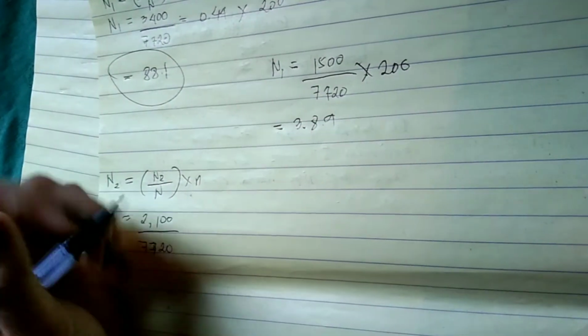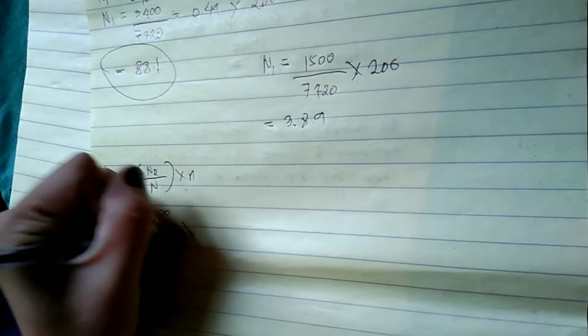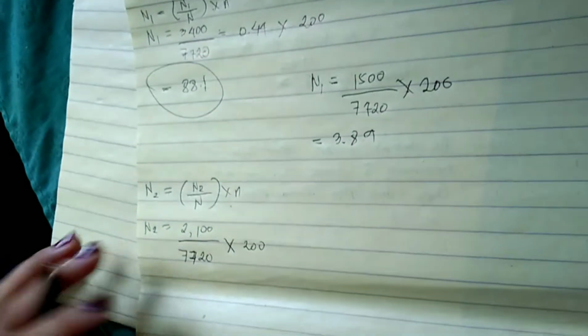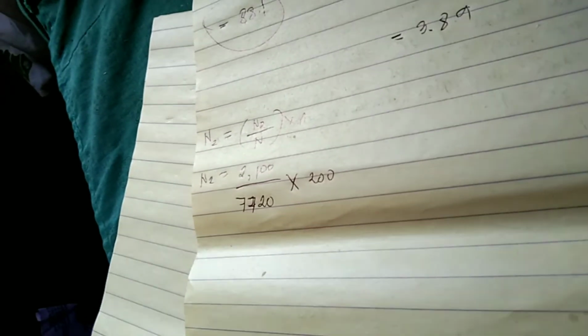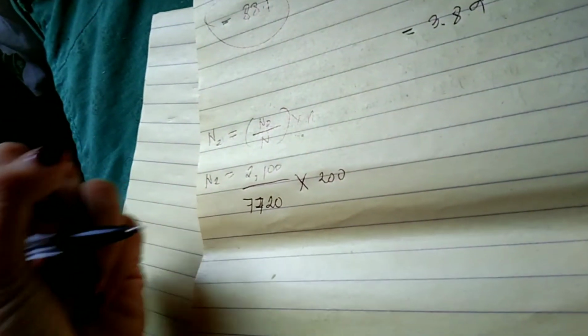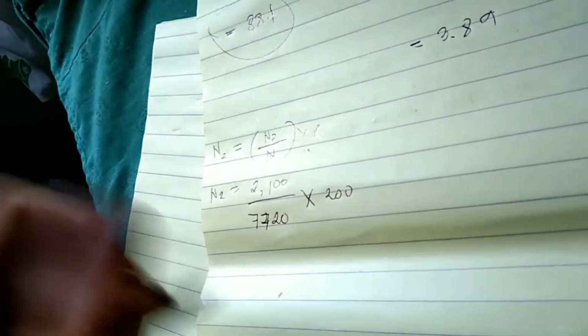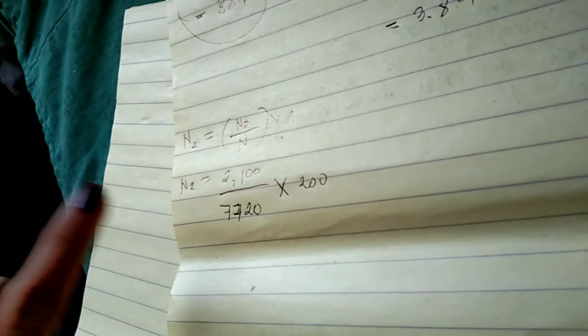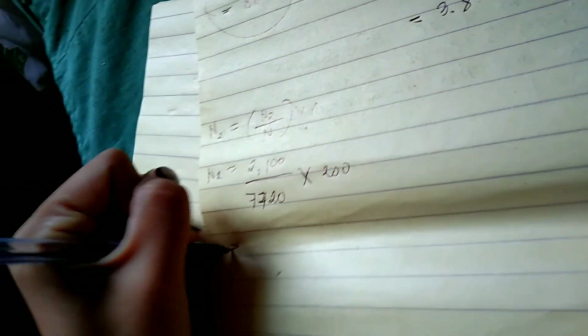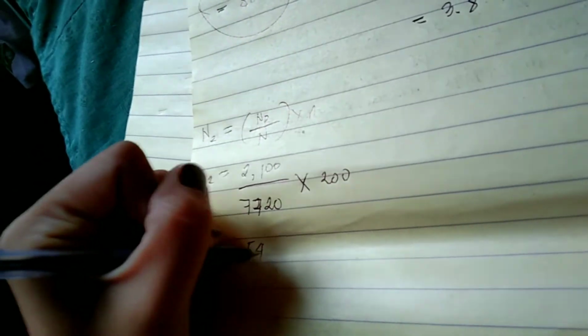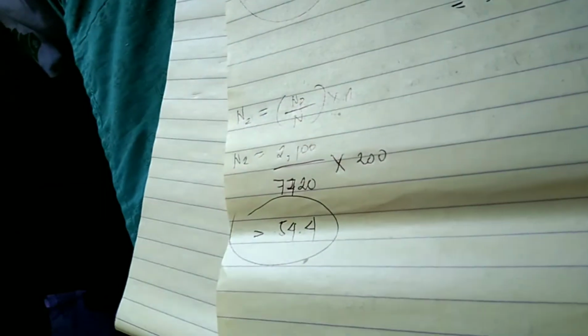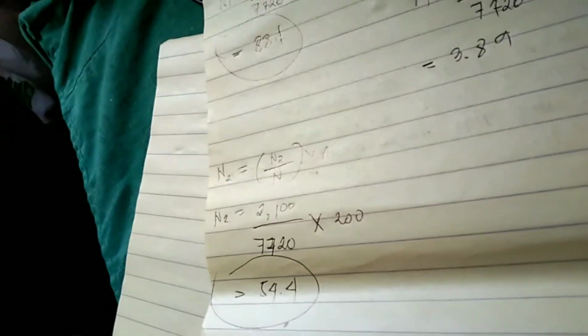Then we multiply that 0.27 by 200. So 0.27 times 200 is equal to 54.4. So that is the second year.